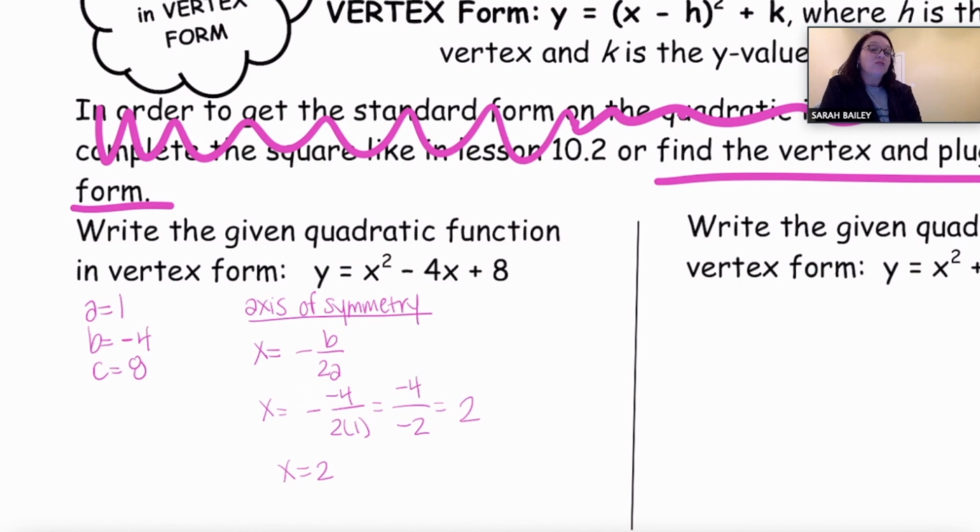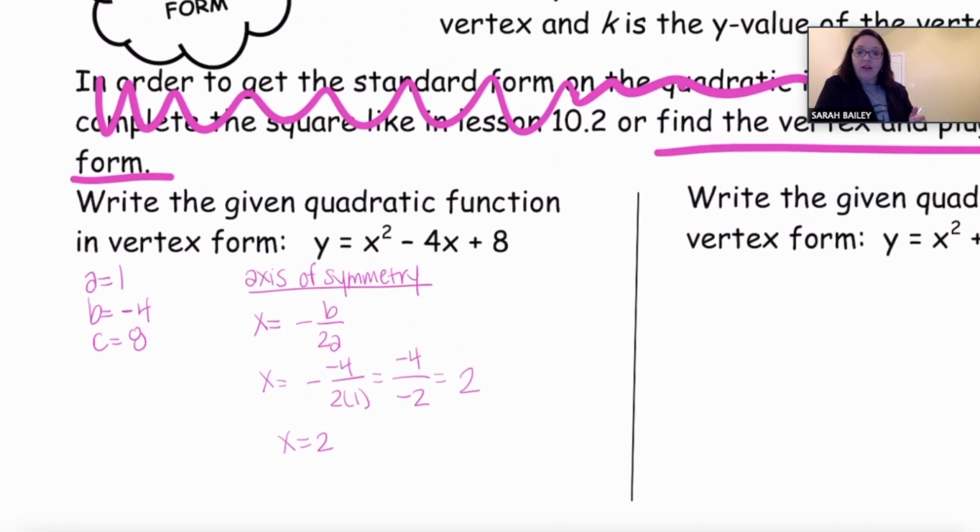That also tells me that the vertex, because remember the axis of symmetry is going to go straight through the vertex of your parabola, has an x-coordinate of 2. Well, if I know the x-coordinate of my vertex, I can find the y-coordinate by plugging that value into the equation.